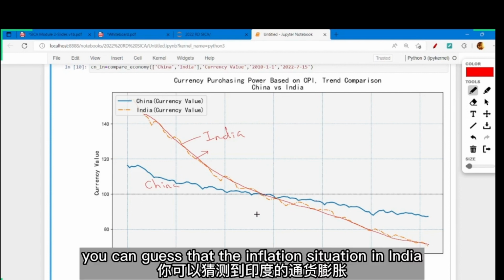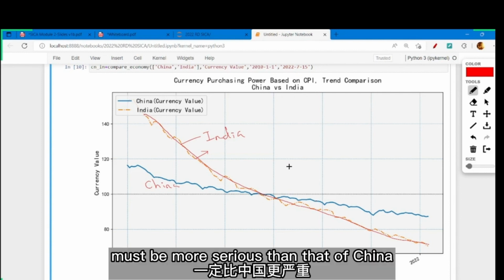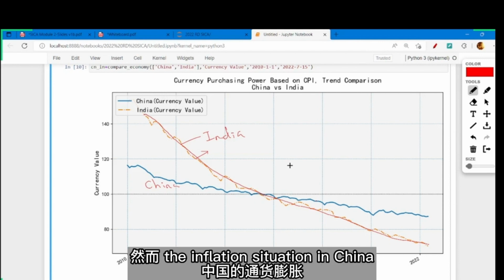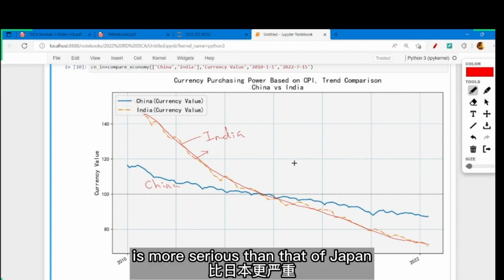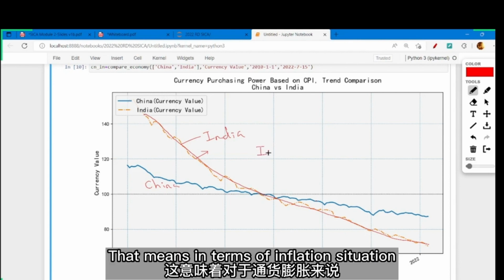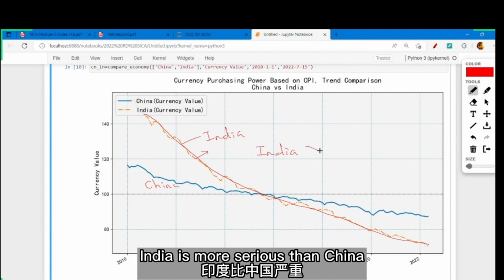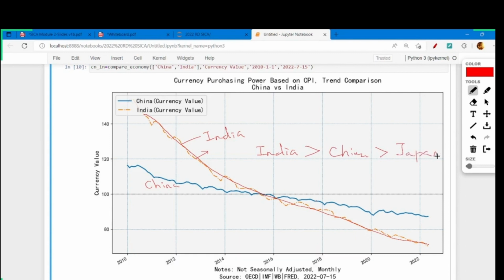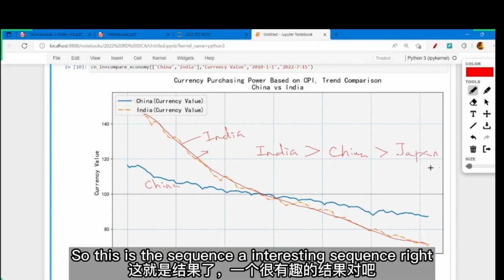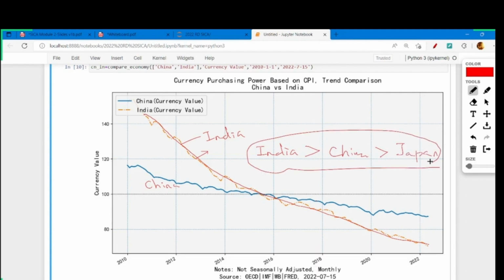That means you can guess that the inflation situation in India must be more serious than that of China, while the inflation situation in China is more serious than that of Japan. So in terms of inflation, India is more serious than China, and China is more serious than Japan. This is an interesting sequence, right?